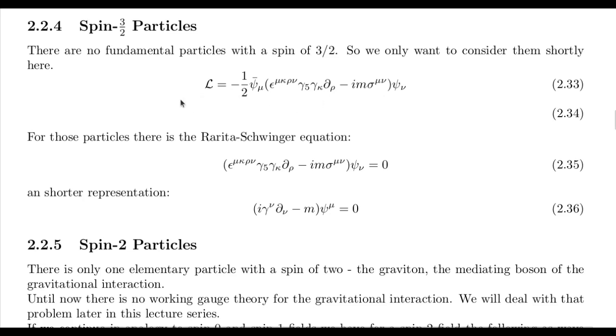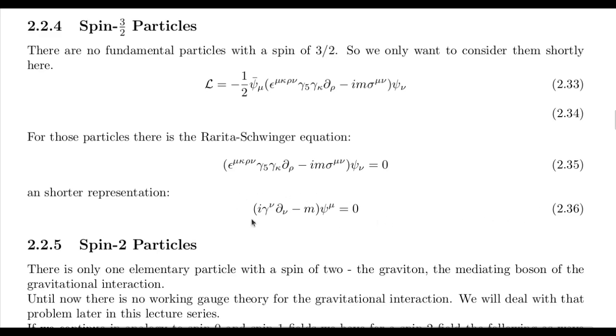And we then get for those particles the Rarita-Schwinger equation. This one here, 235. Or there is a shorter, easier representation, this one, 236.